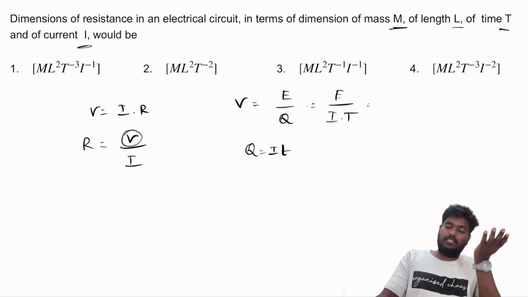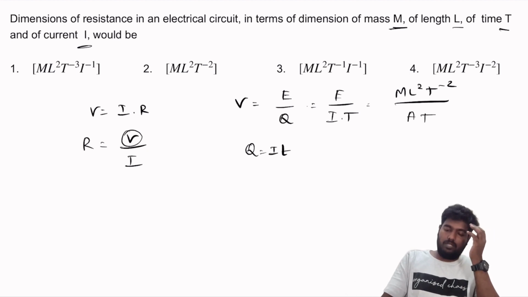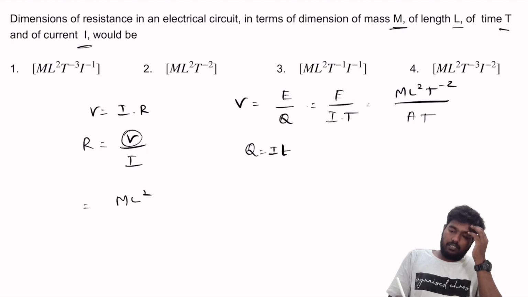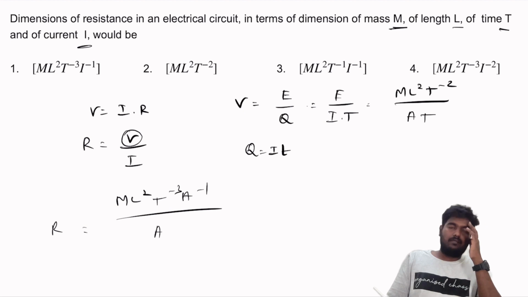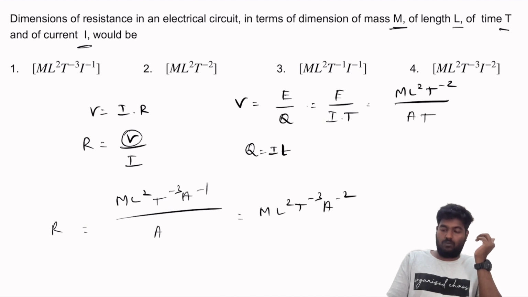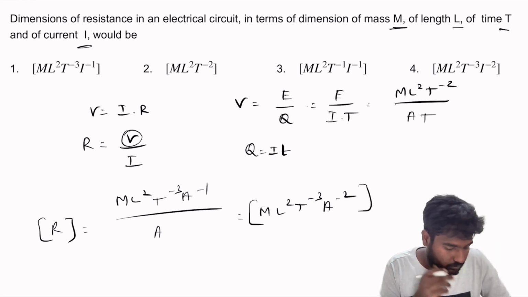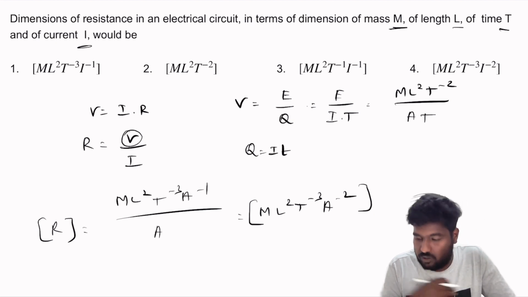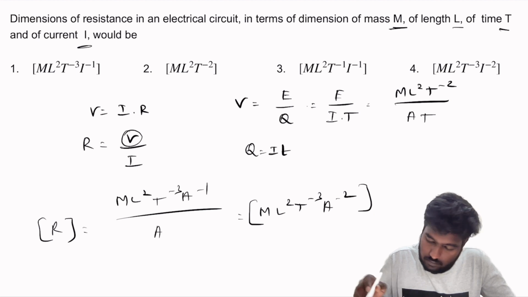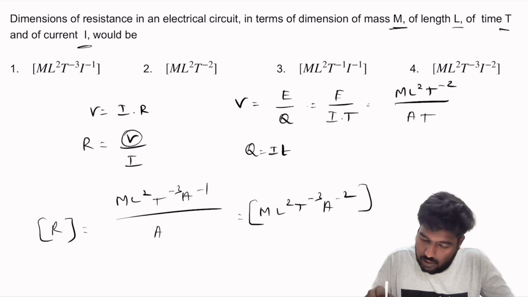Energy dimensions are M L^2 T^-2 divided by current A and time T. So voltage will be M L^2 T^-3 A^-1. For current, it is just ampere, so the resistance will be M L^2 T^-3 A^-2. So the dimension of resistance is M L^2 T^-3 A^-2. I think the fourth option is the right answer.